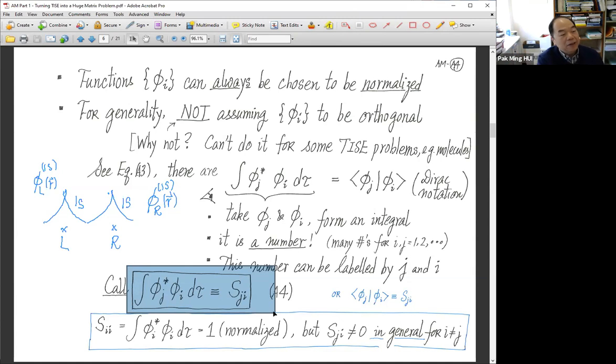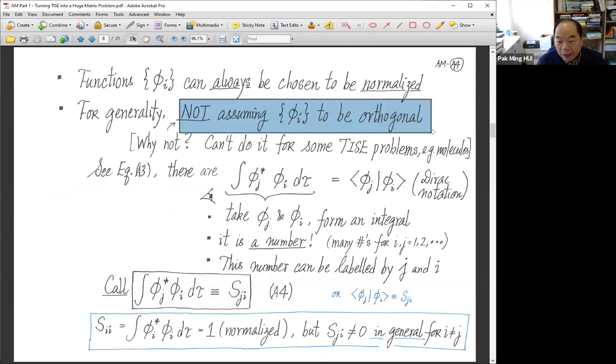Okay? So to prepare for such situations, I would rather not assume orthogonality. All right? So I state this clearly here.